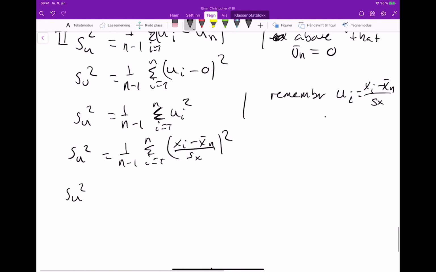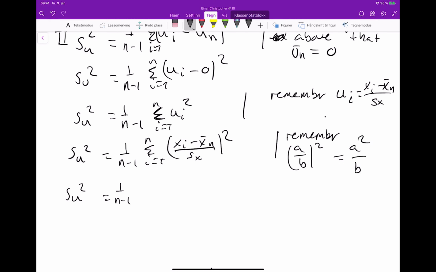And then remember, if you have a divided by b in the power of 2, this can be written as a in the power of 2 divided by b in the power of 2. And therefore, we now can write this like xi minus x bar n in the power of 2 divided by sx in the power of 2, just using the rule to the right.